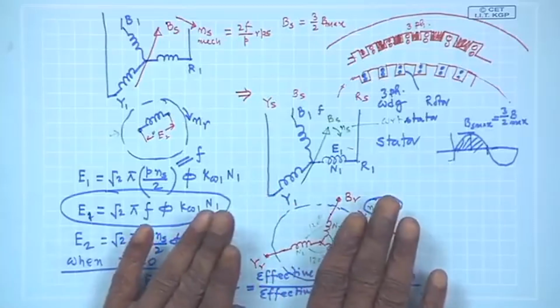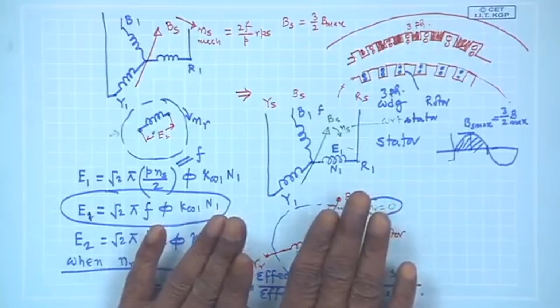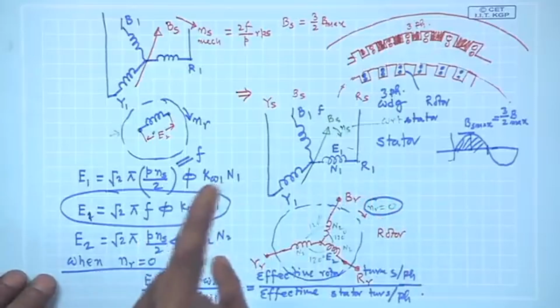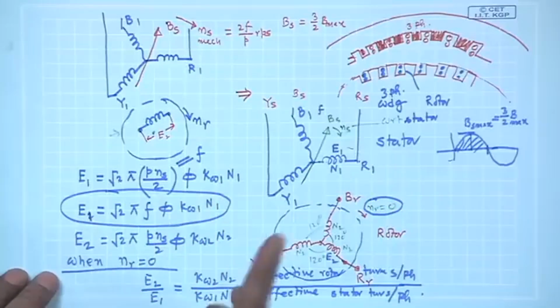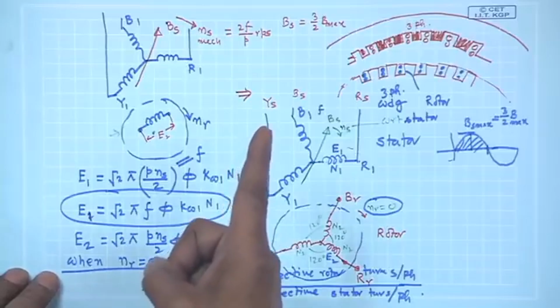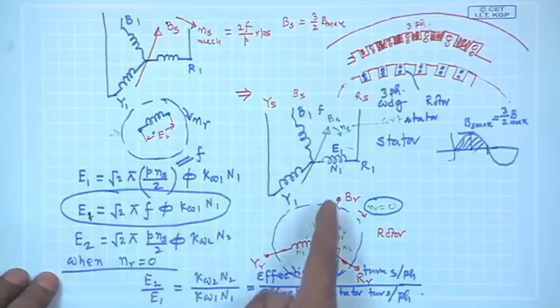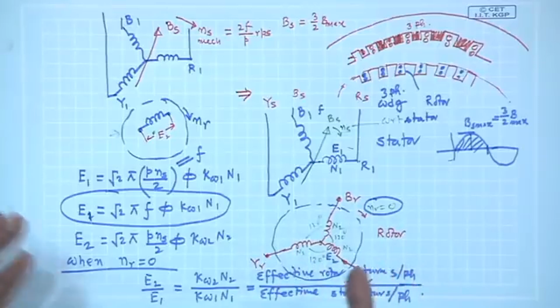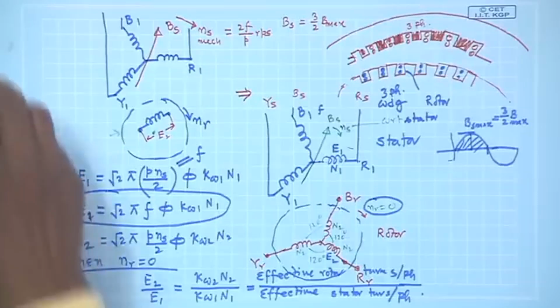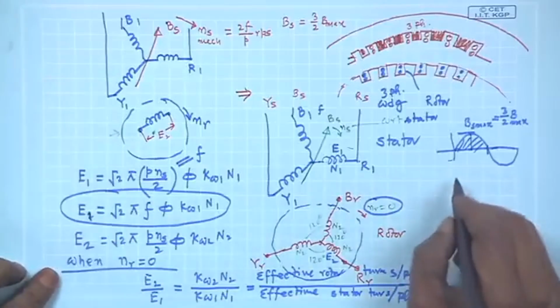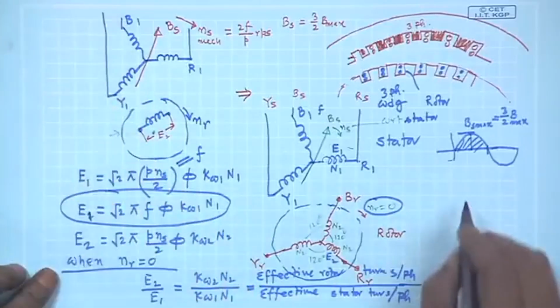It is not allowed to move, and if it is not allowed to move, I am pretty sure that the stator supply frequency and rotor frequency have to be same, because NR is zero in any case; I am forcing the rotor also to remain stationary by locking it mechanically. In that case, what you can do is this, suppose the idea is very simple.